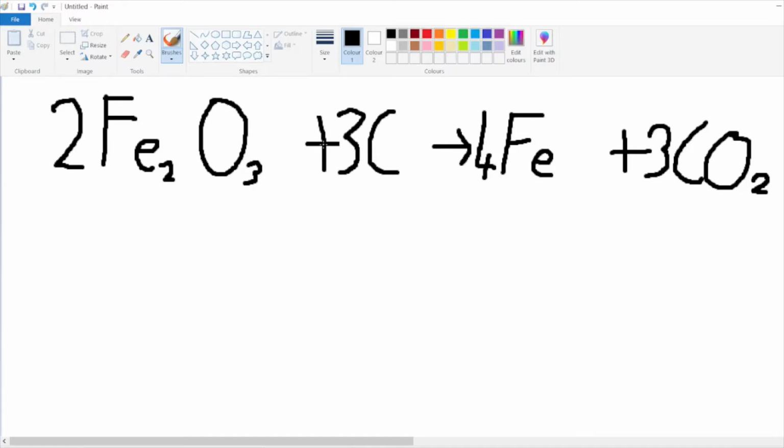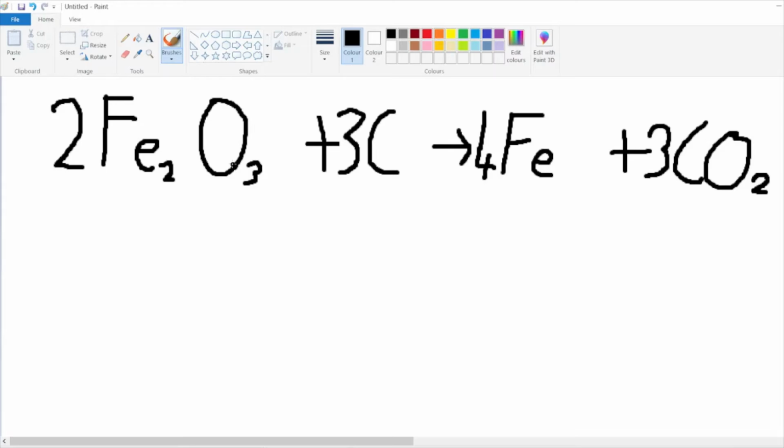Half equations simply show the loss and gain of electrons by writing them out. So we can show how iron is being reduced here. So iron oxide here, well, you don't have to know the exact amount of electrons iron has on its outer shell because it can vary, as we learn with transition metals, but we can work it out with the compound that we've been given.